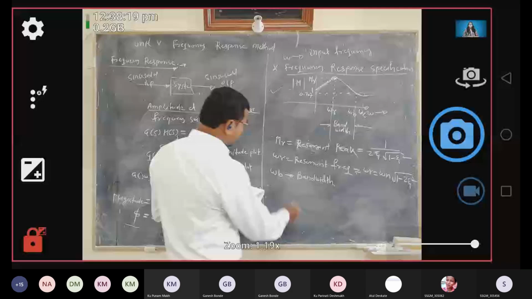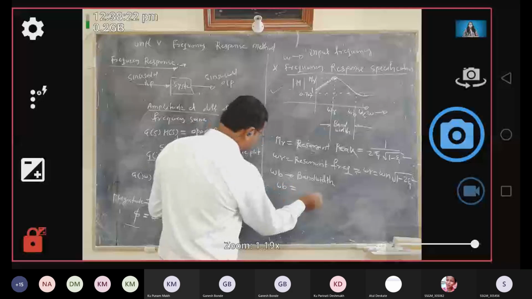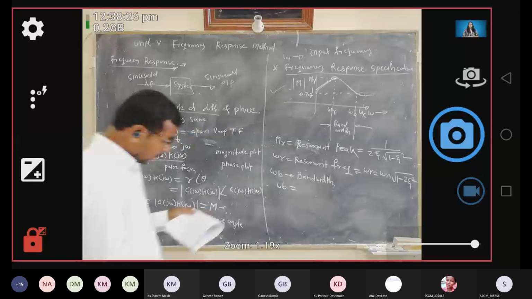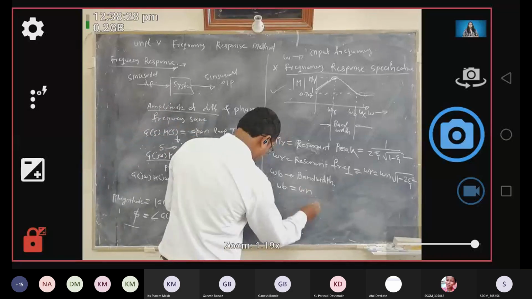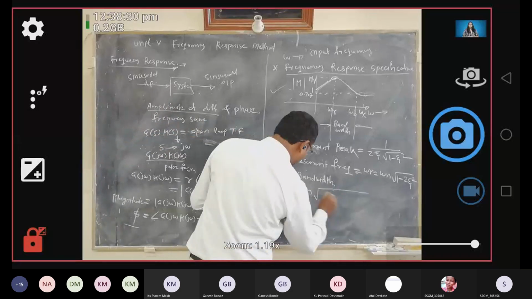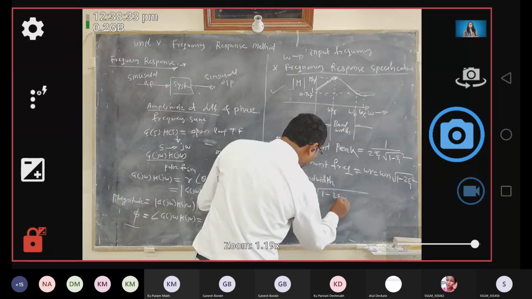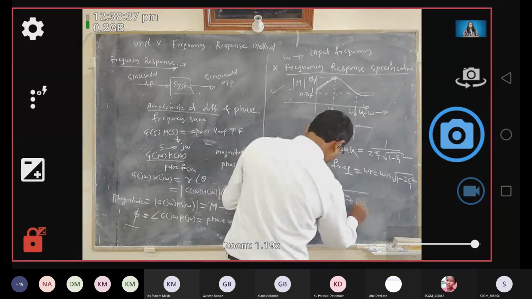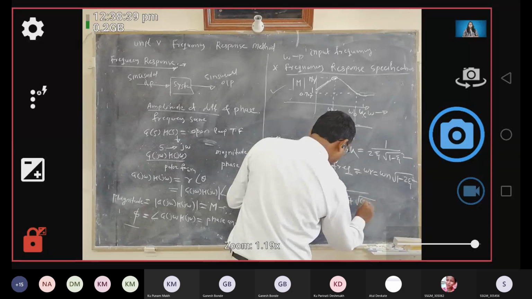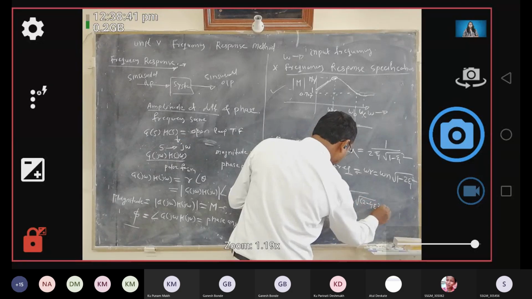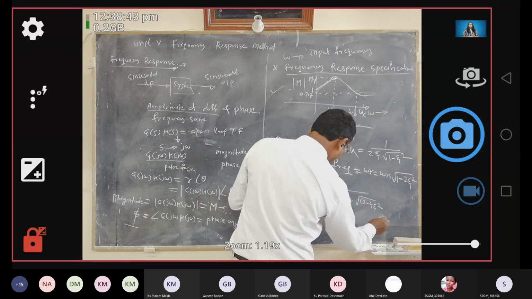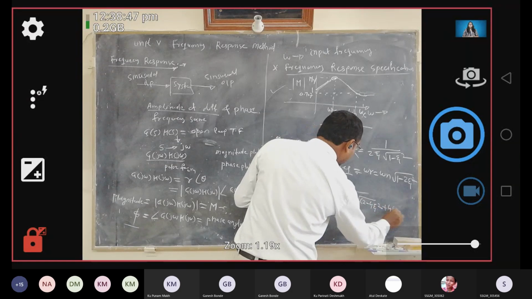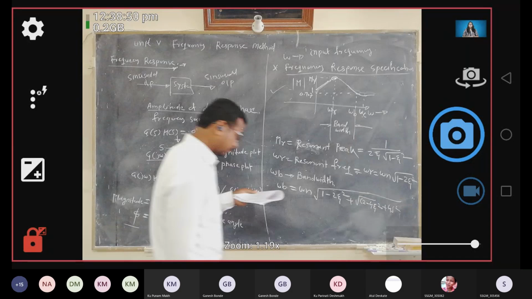And the bandwidth omega b has the formula omega n into square root of 1 minus 2 zeta square plus square root of 2 minus 4 zeta square plus 4 zeta to the power 4.